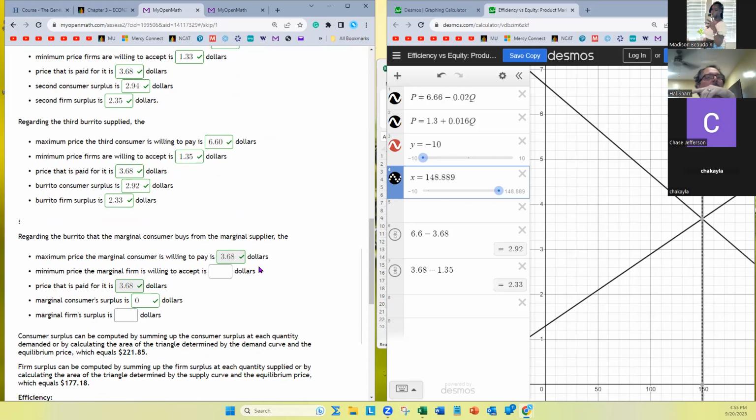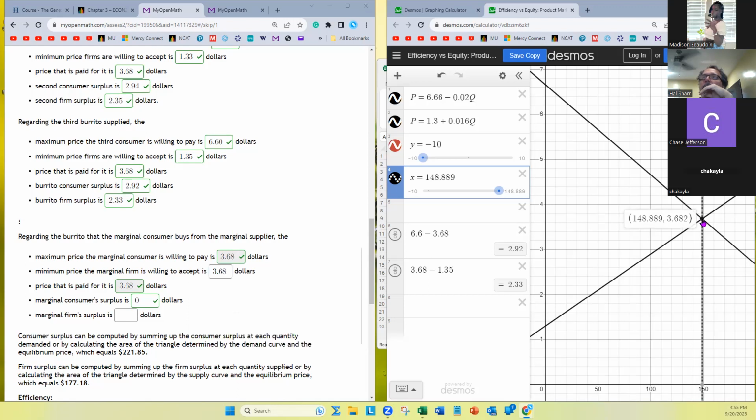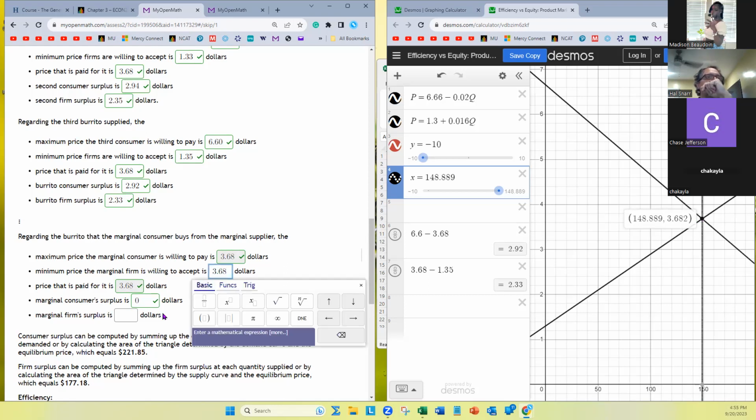What about the marginal firm? Well, the marginal firm is willing to accept $3.68, because that's the value on the supply curve. The value on the supply curve is 3.68. So the marginal firm is willing to accept 3.68 to supply, in my case, 148.8889 burritos.